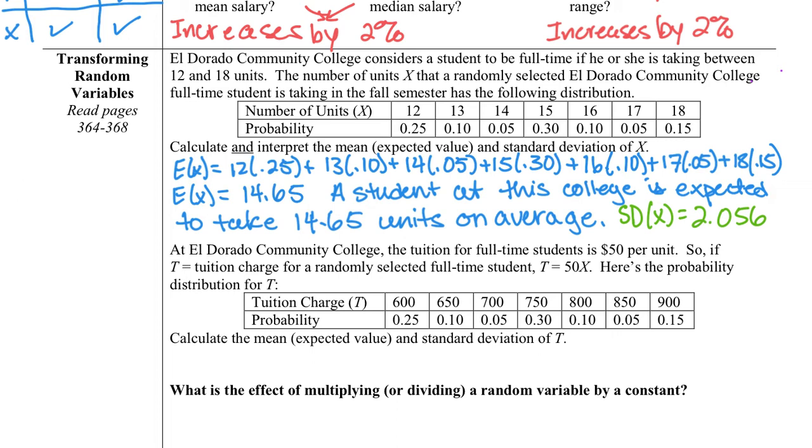For the next question, we are going to calculate the mean and the standard deviation. If each of these units were $50 per unit, what would an average student expect to pay? So given that, I'm going to change my values in my calculators. I'll give you a hint. I am using the list tool.